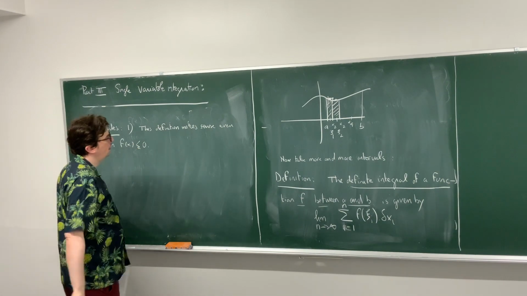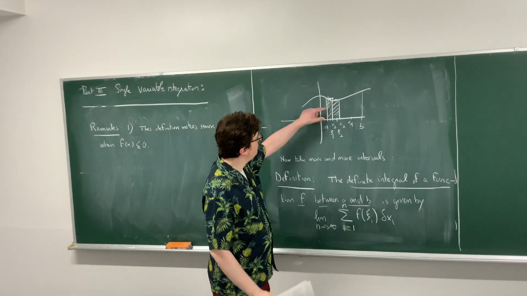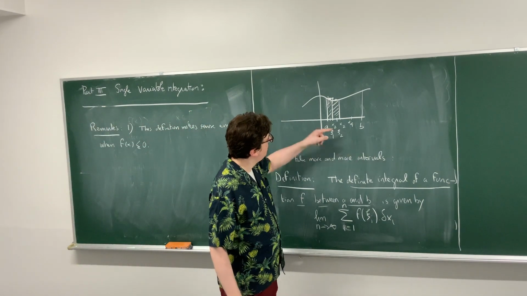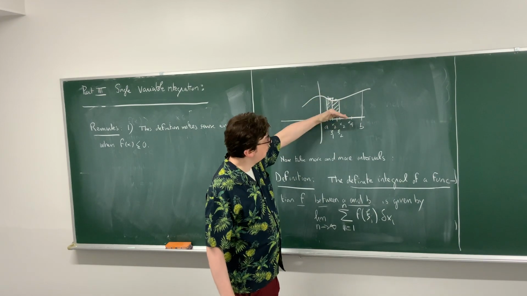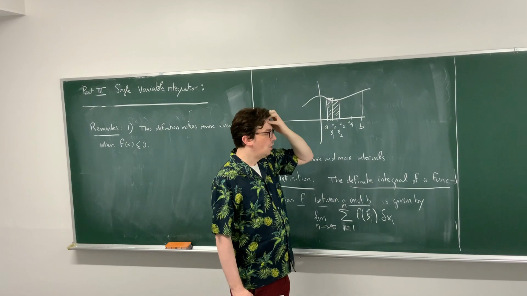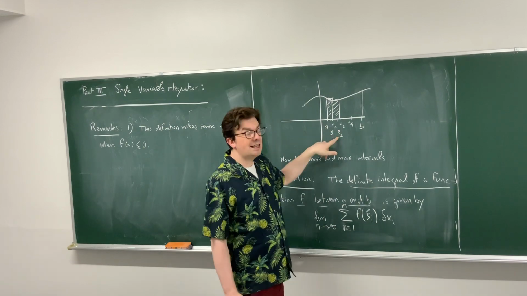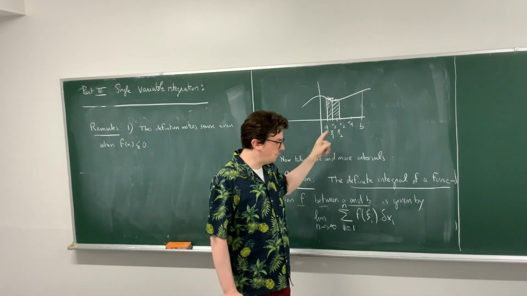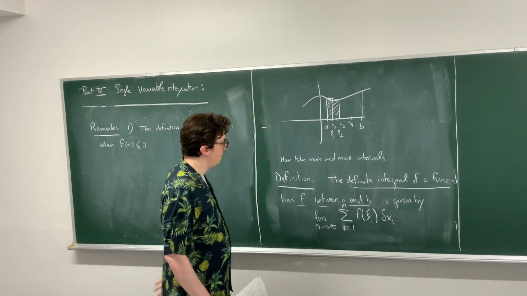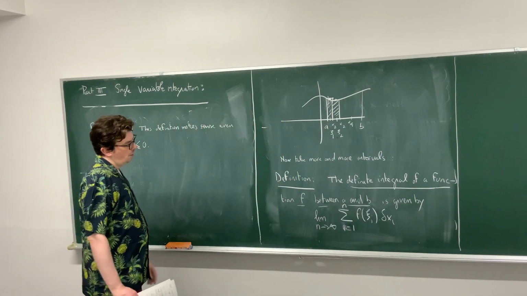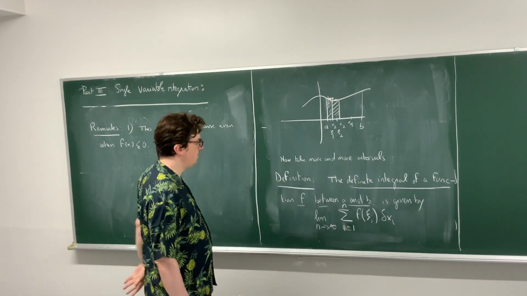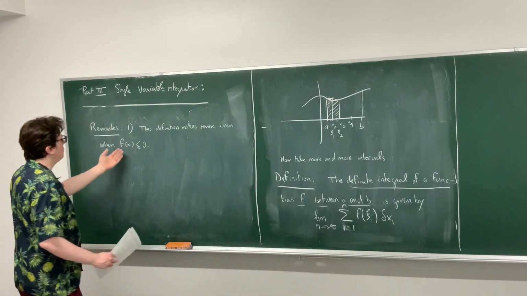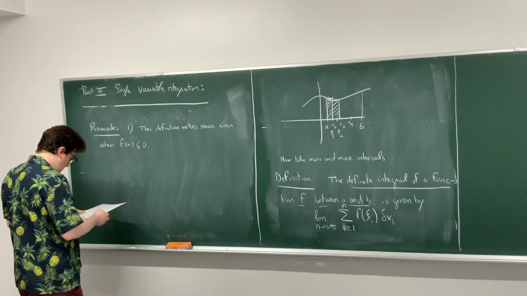It will calculate, for example, if your curve is here, the area below the x-axis, but it will give a negative value. So the negative of this will be the area of the region between the x-axis and your curve. So it exists even when f is negative.